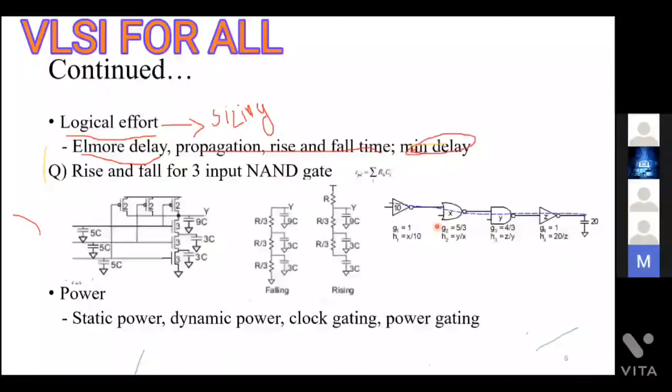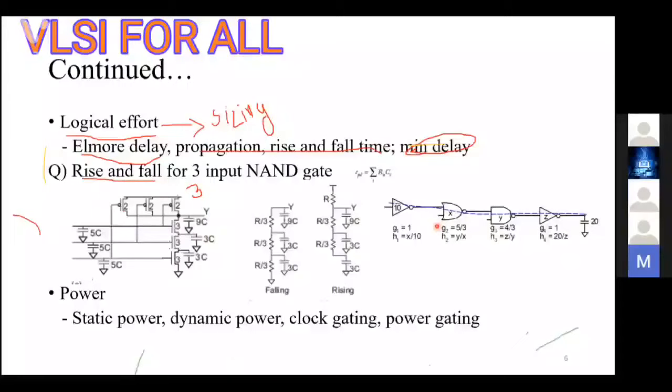Okay, a few questions which I have picked from some book, Western Arrays. This figure shows the implementation of the 3-input NAND gate. In order to find the rise and fall time for the 3-input NAND gate, the 2 and 3 represent the size of the PMOS as well as NMOS.